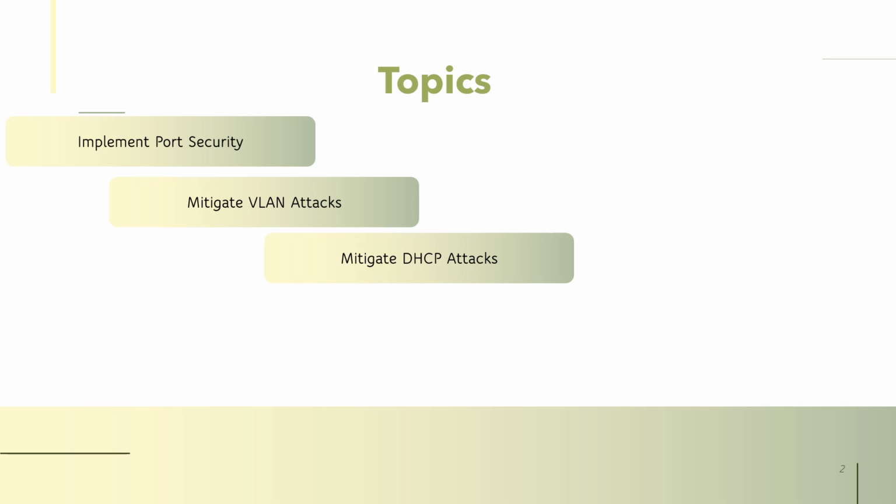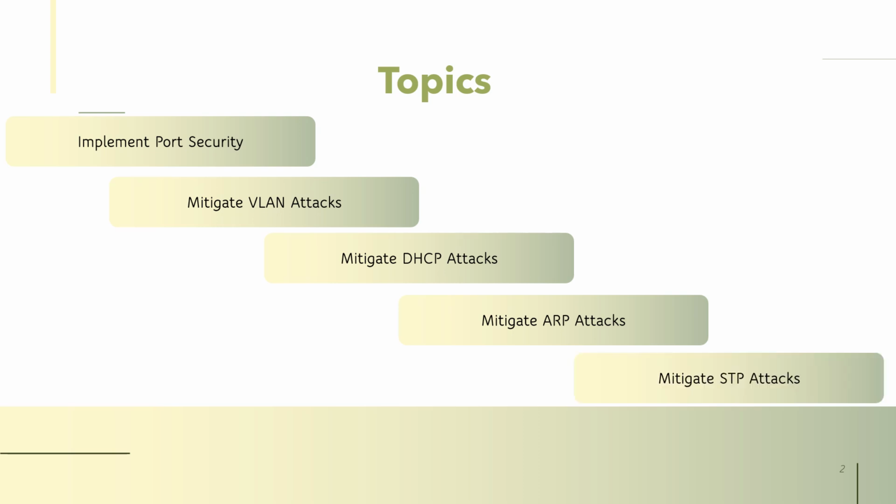We will explain how to configure DHCP snooping to mitigate DHCP attacks. We will explain how to configure ARP inspection to mitigate ARP attacks, and then we will explain how to configure PortFast and BPDU guard, or bridge protocol data unit guard, to mitigate spanning tree protocol attacks.